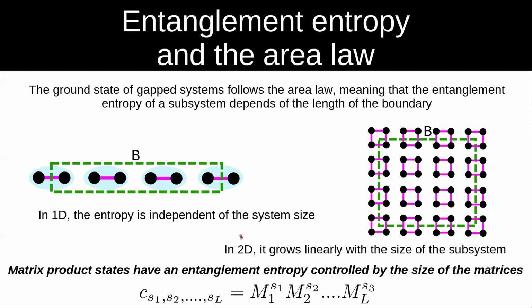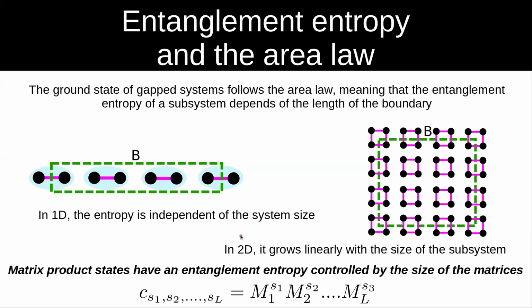And in particular, this is what it's called the area law, which essentially states that if you have a gapped system, both in 1 dimension and 2 dimensions, or in higher dimensions, the entanglement entropy of the ground state just depends on the length of the area that separates your subsystem from the rest of the system.